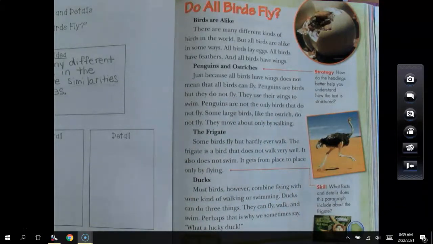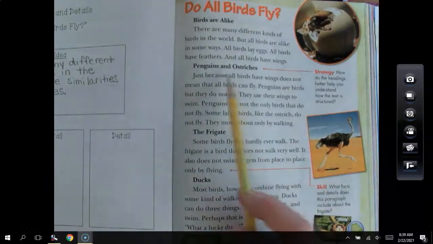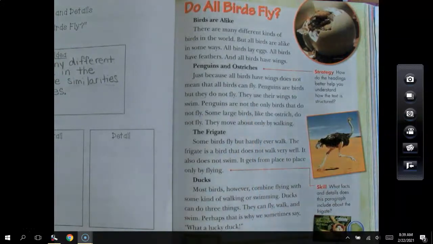Do you remember about the penguins and ostriches? If you recall, the penguins and ostriches don't fly. Both of them walk. We know from Penguin Chick that they wobble, right? They walk. But penguins are also known for what? Yeah, how do they get around? They swim, okay? They swim a lot in the ocean. They're near the ocean because that's where they get their source of food. Okay, and it says that ostriches do not fly. They move about only by walking.